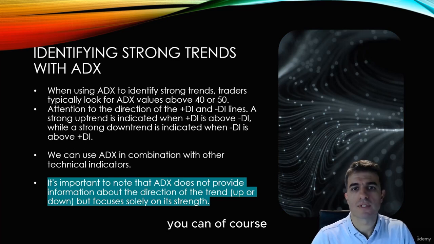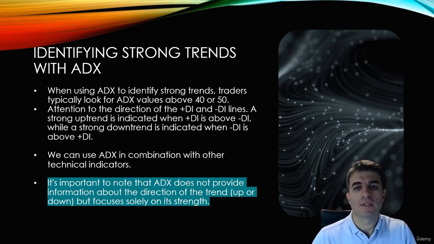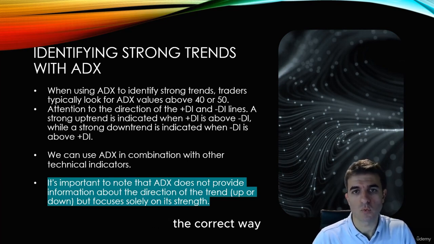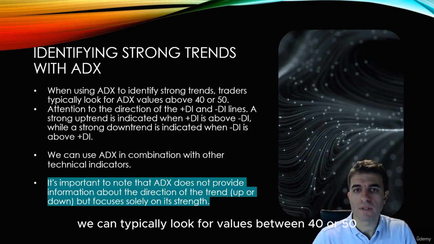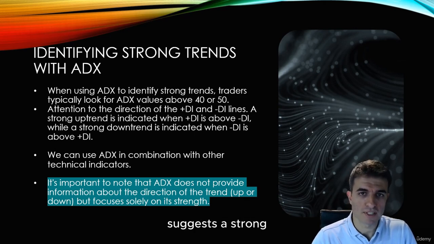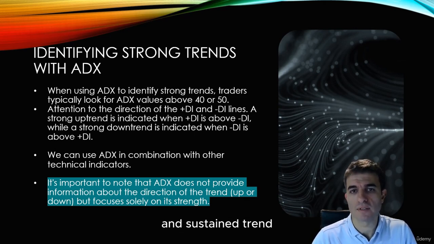You can, of course, dive deeper into the details of using the ADX the correct way. So we can typically look for values between 40 and 50 as suggested before, and this also suggests a strong and sustained trend.